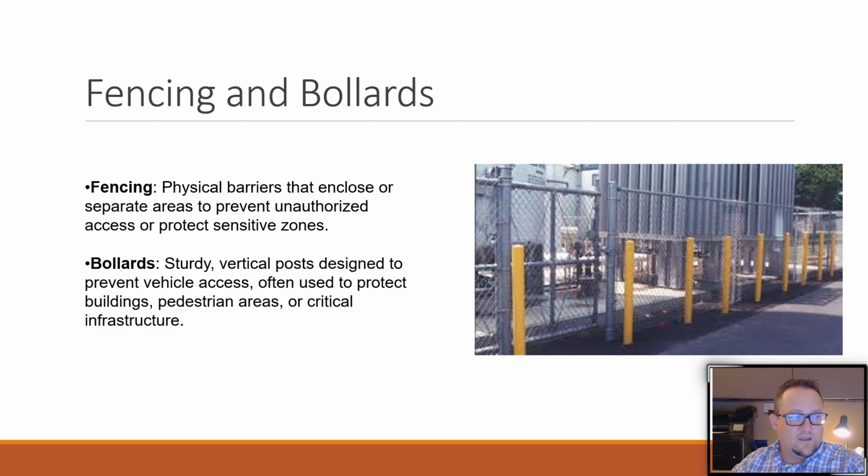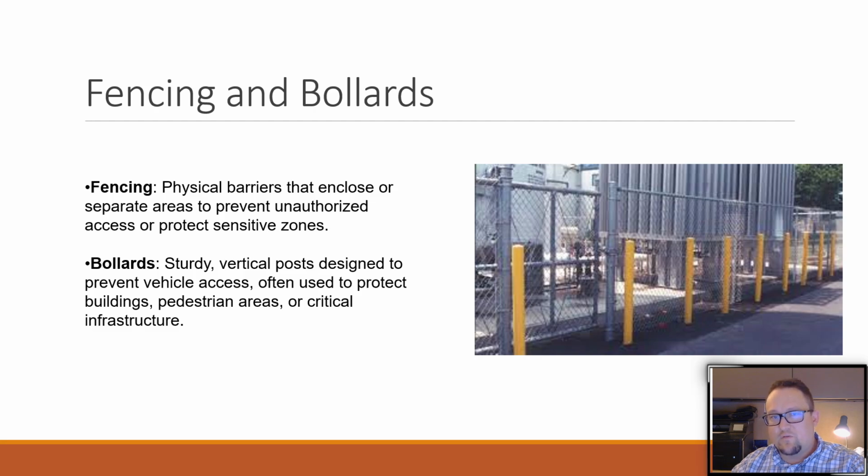So if we're dealing with fencing within an environment, the most popular fencing is going to be chain link fencing. We're going to find this is a cost-effective option. Chain link provides visibility. We can still see through it, but it deters people from entering our facility.